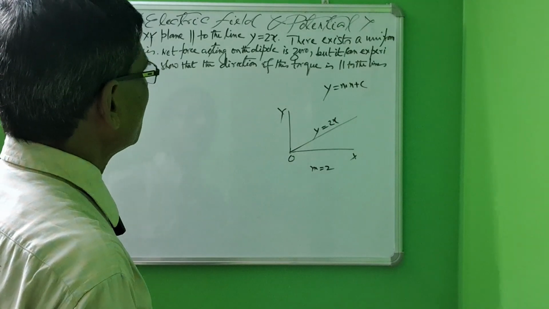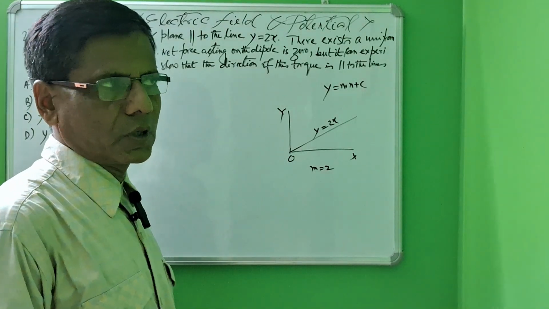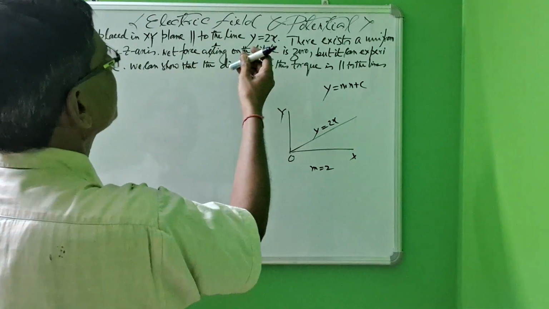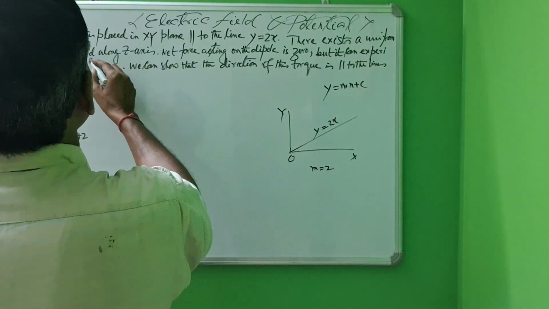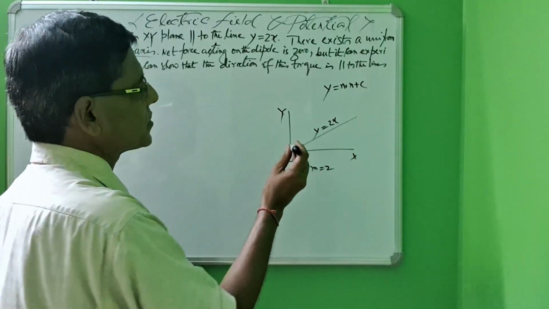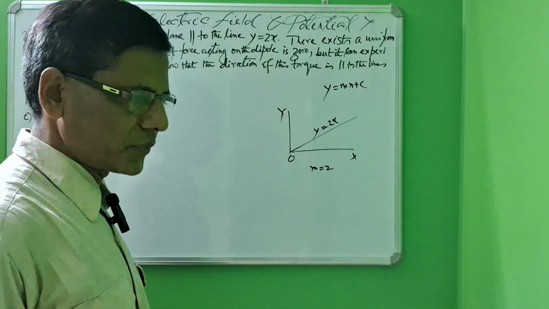Net force acting on the dipole is 0, because in this direction there is electric field, so there is also electric field along the z-axis. This is the z-axis, so along this direction electric field is present.